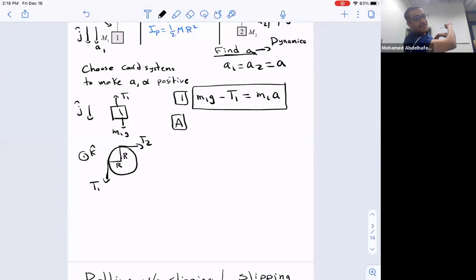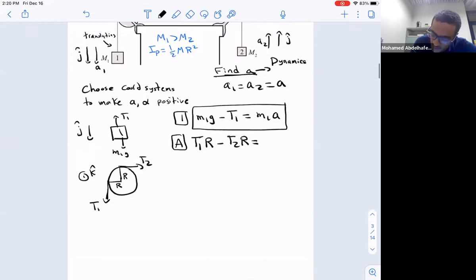It's pushing to the right, so it's trying to make it rotate clockwise. That's negative torque. While T1 is pushing from below, from the side, so it's trying to make it rotate counterclockwise. So it's T1 that creates the positive torque that makes it rotate in the k hat direction. So the torque T1R is positive and the torque T2R is negative.